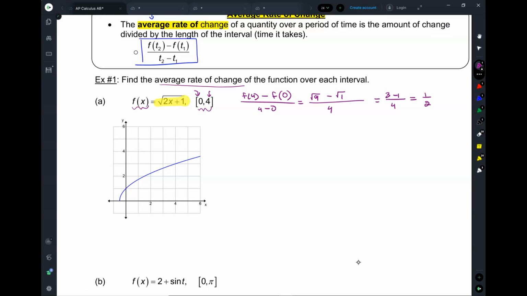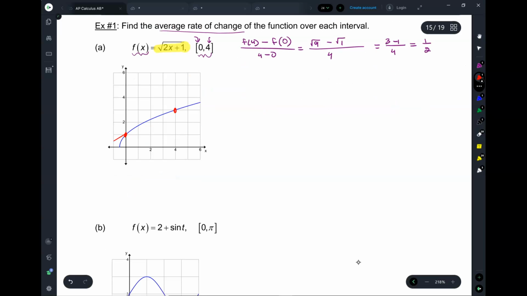Okay, what have we found? What we found is the average rate of change from 0 to 4. So let's go to f of 0 here and f of 4 here. Those are the 2 points that we were looking at. And if I were to connect those 2 points, that's the slope of the line that connects those 2 points.